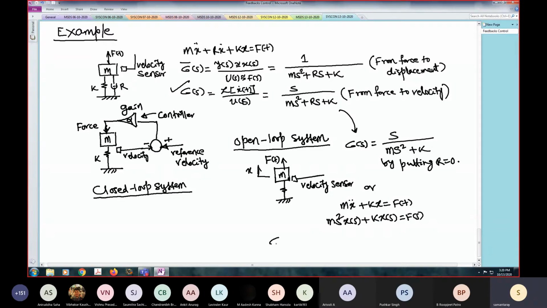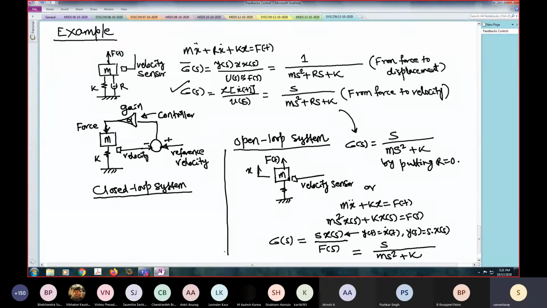So you get G(s) is equal to s times sX, that is Y(s). y(t) is equal to x dot t, so Y(s) is equal to sX(s). sX(s) divided by F(s), so X(s) goes. That will give me s by ms square plus k. So this is the open loop transfer function.